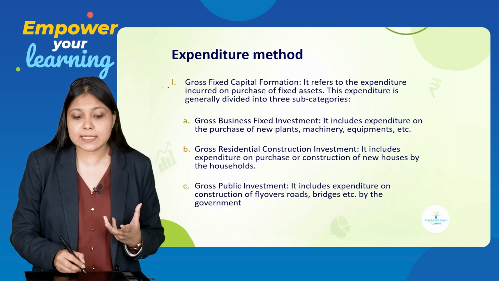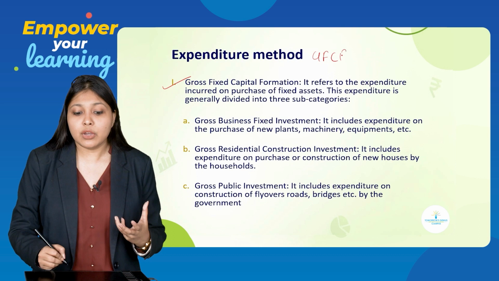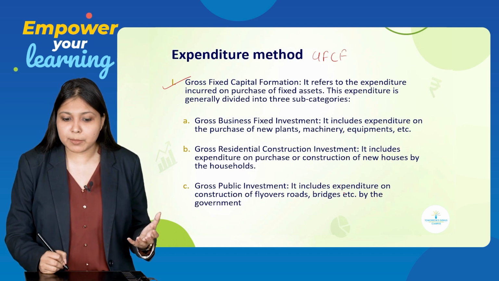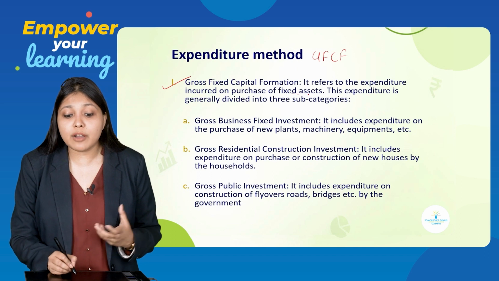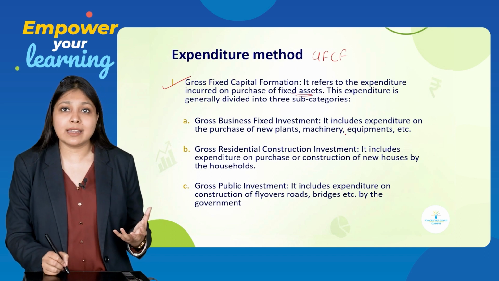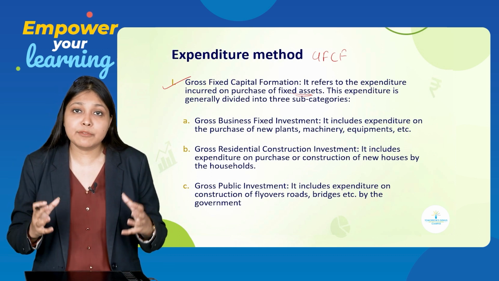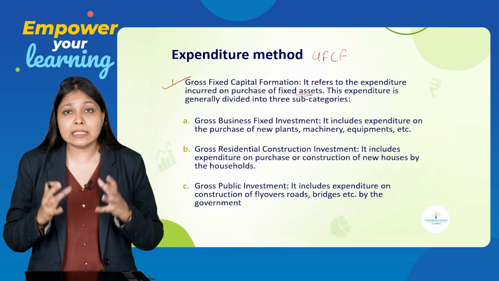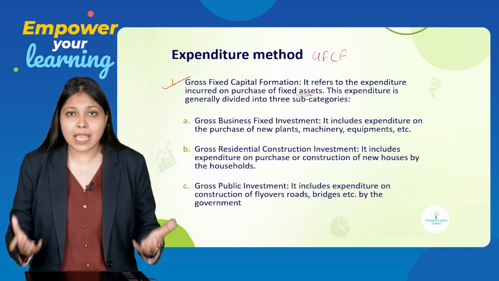The first component of GDCF is GFCF, Gross Fixed Capital Formation. It refers to the expenditure incurred on the purchase of fixed assets. With the name itself we should understand that it will include the expenses done on fixed assets, fixed capital.